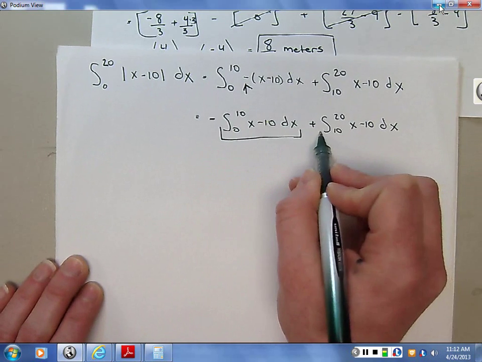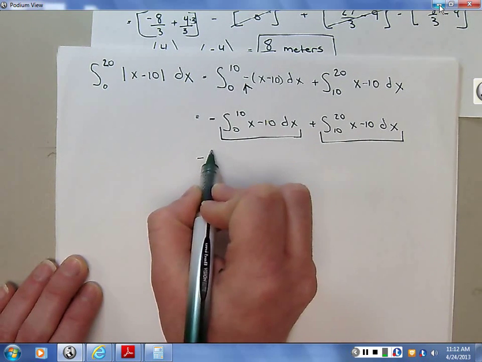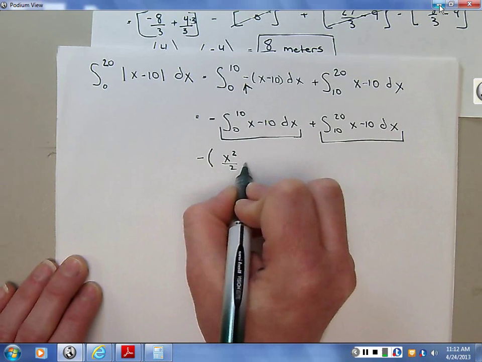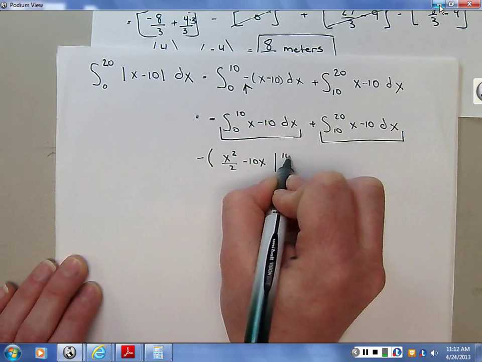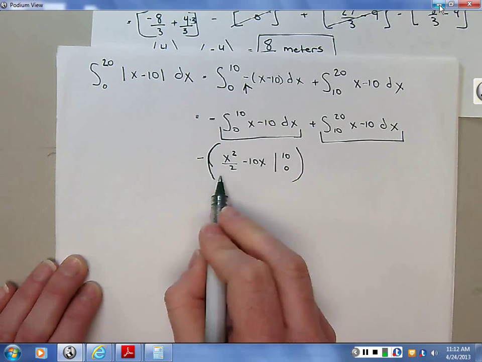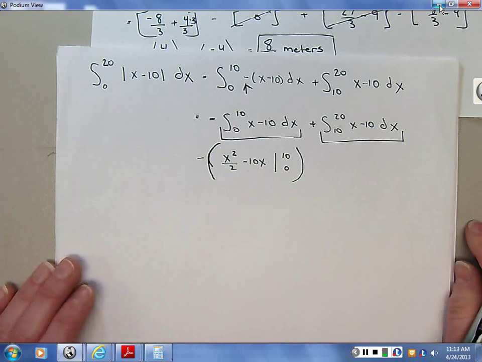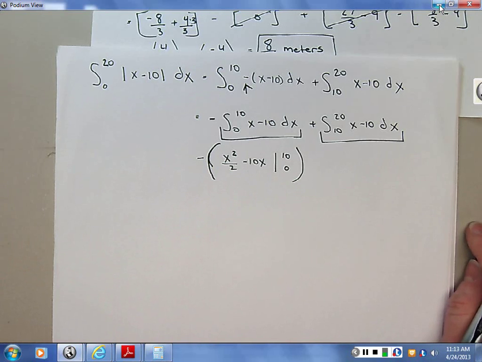So you have to be careful when you do this because this negative is going to be out front of x squared over 2 minus 10x from 10 to 0. Do you see how this negative is out front of all of this instead of just being distributed through that? If you want to do it that way, perfectly fine. Be very careful, though, you're distributing the whole thing.